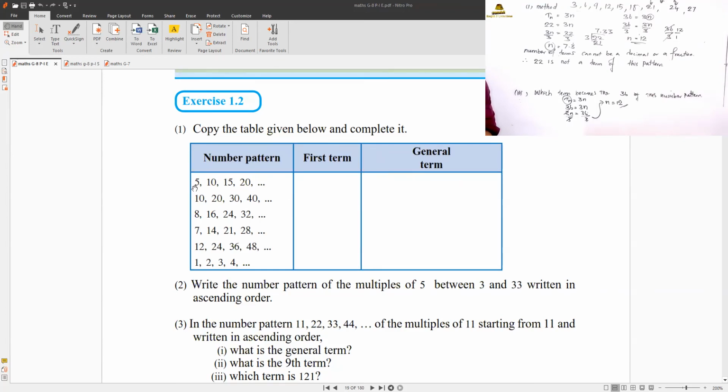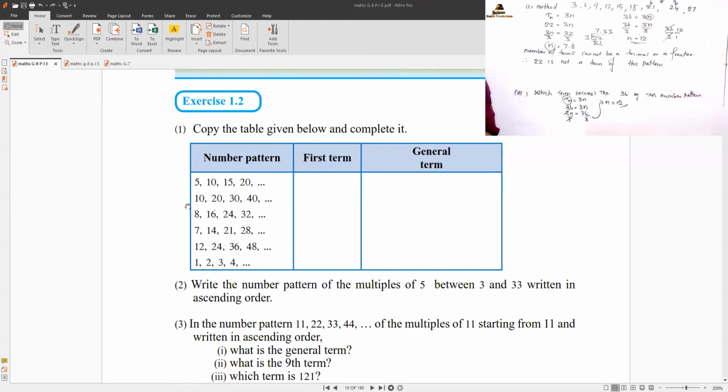Now look at this. 5, and 10, 15, 20. What's the general term? 5n. Very good. We can also check it as we wrote before: 10 subtract 5 is 5, 15 subtract 10 is 5, so 5 times n.